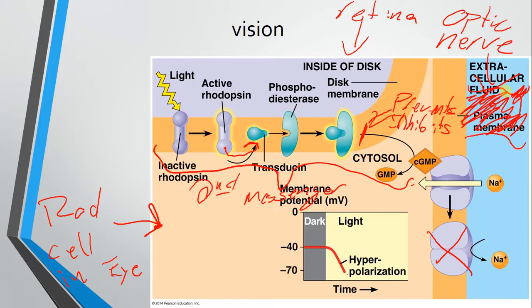So hopefully these several examples help you to figure out the different ways that your brain and your nervous system respond to stimuli or integrate stimuli in your central nervous system. And we'll talk about this more on Wednesday.